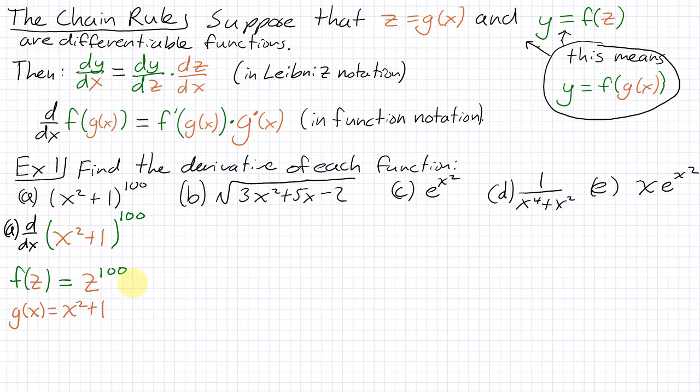So let's get each of those. Here we're going to use the power rule for f of z. So you get that. And then we can do the same thing with the g function here. The derivative of this is going to be 2x plus 0, or just 2x.